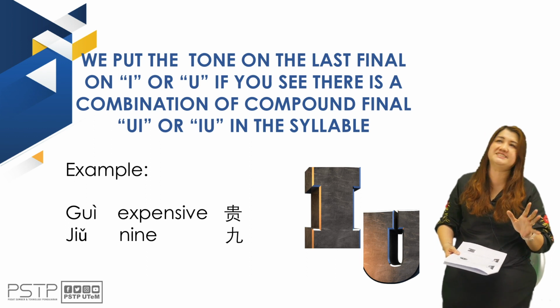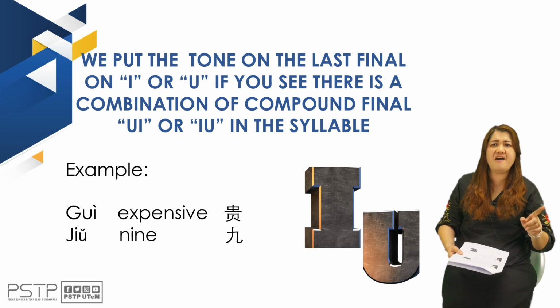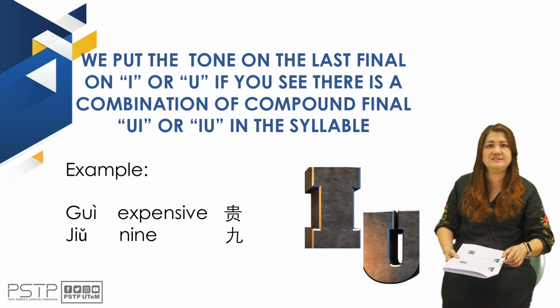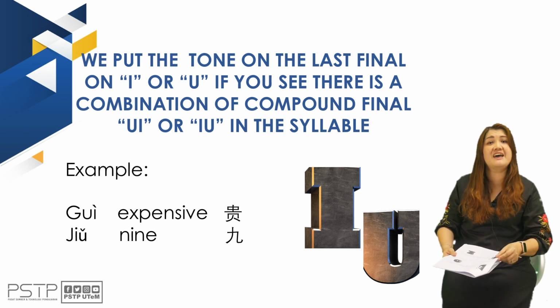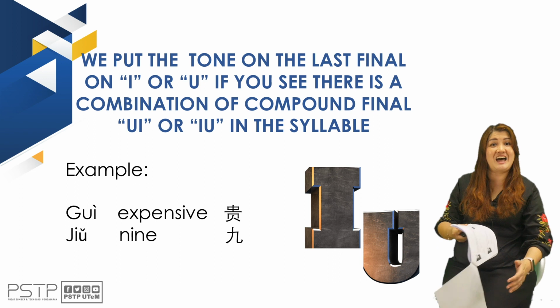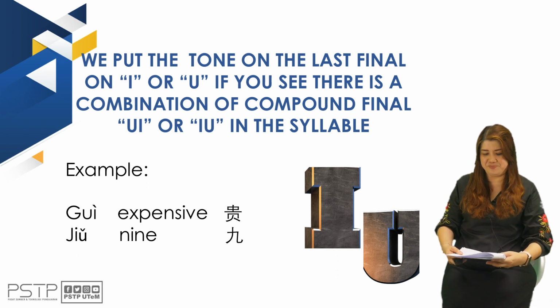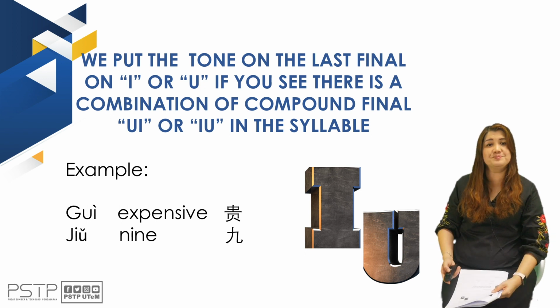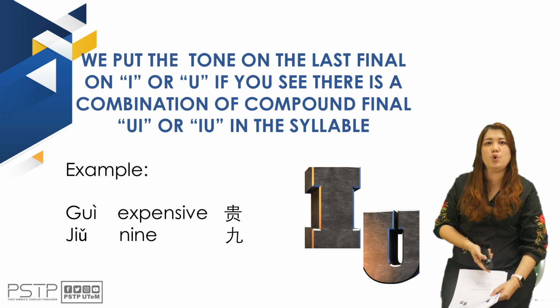When there is a combination of syllables with UI or IU, it doesn't matter, we always put the tone on the last letter, which is either the U or the I. For example, the word expensive, guì.